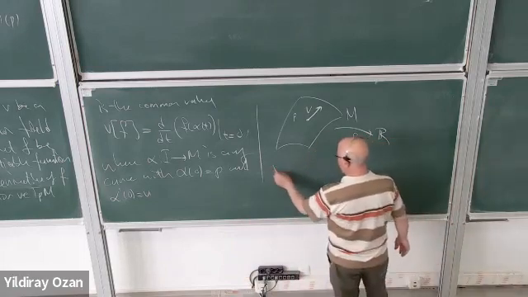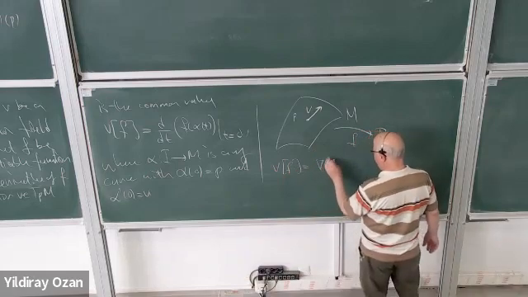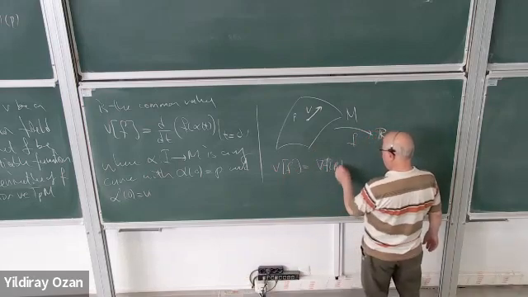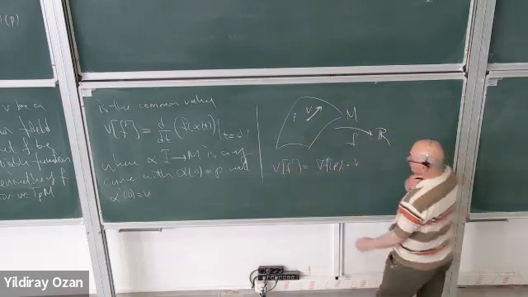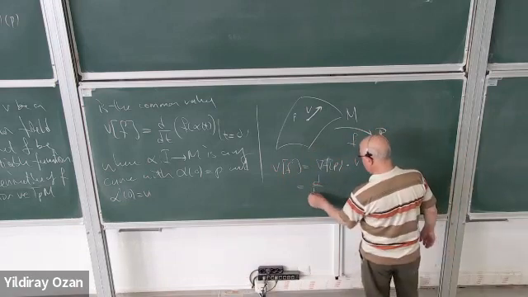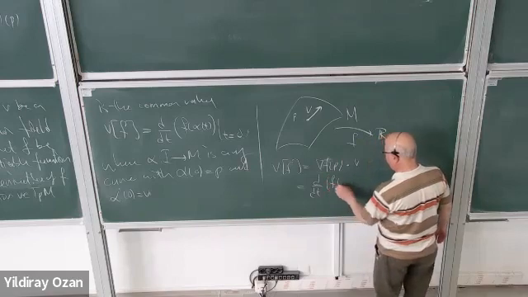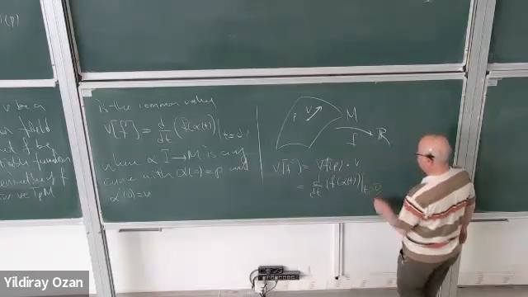So vf is just the gradient of f times the vector v, but we know that is also equal to d/dt of f of alpha(t) at t0.